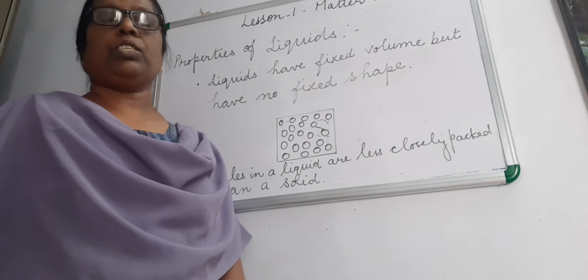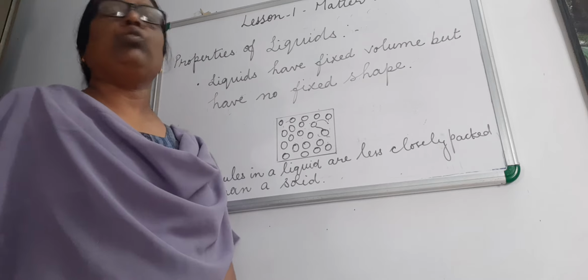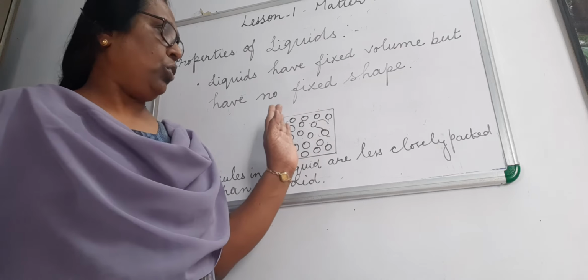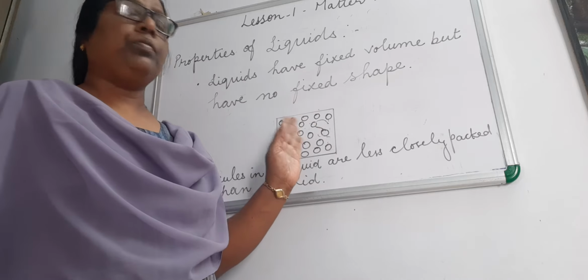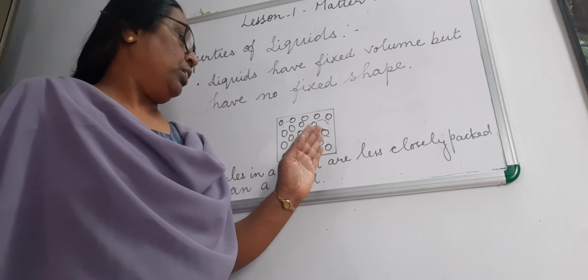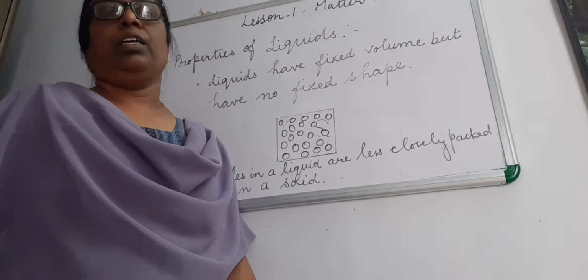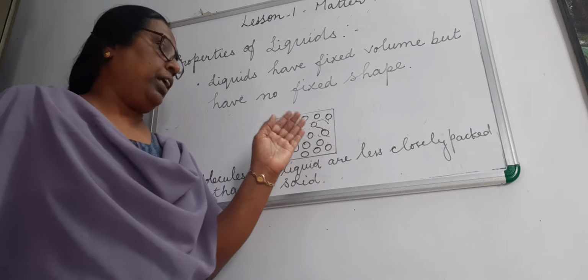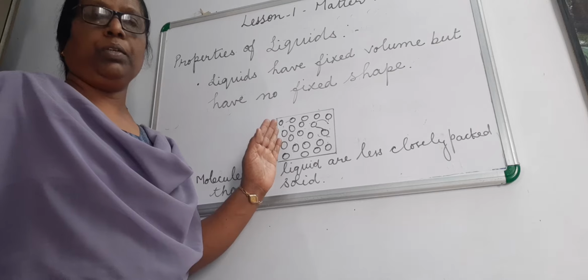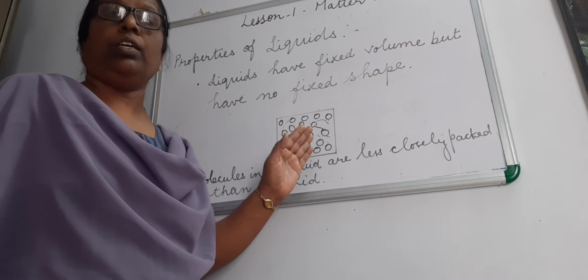Liquids have fixed volume but have no fixed shape. As in the last class, I have drawn a diagram of the arrangement of molecules in a liquid. In the last class, I explained with a diagram of the arrangement of molecules in a solid.